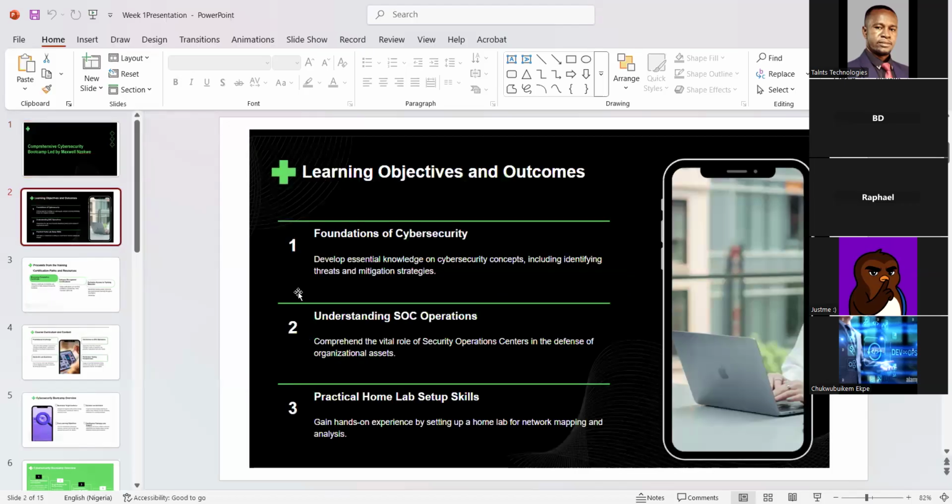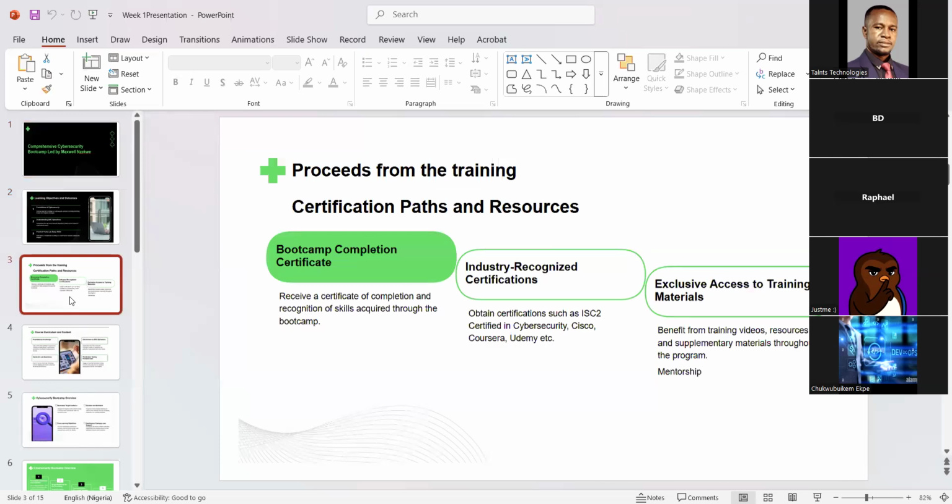So today, for the purpose of record, we just want to glance at what we have done in the past and then kickstart what we have today immediately. We started by talking about objectives and outcomes, foundations of cybersecurity, understanding security operations centers, and how to do a home lab setup. Then we talked about certification paths and resources.